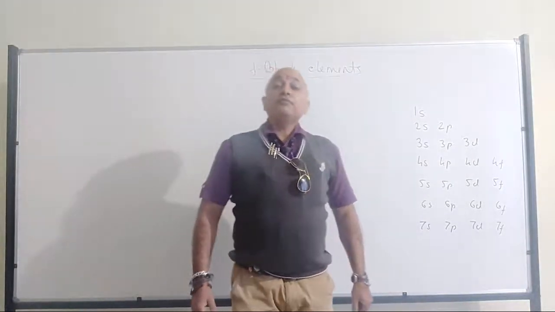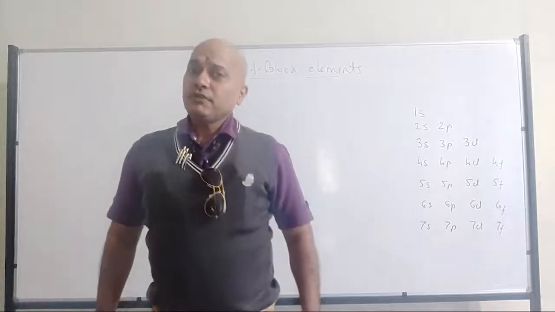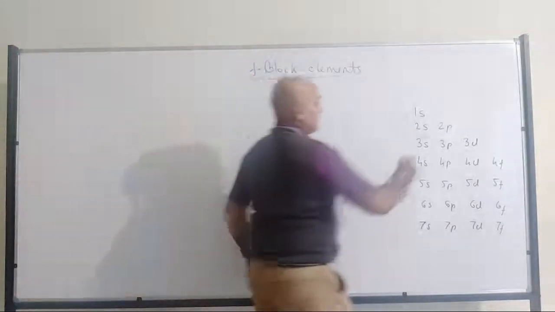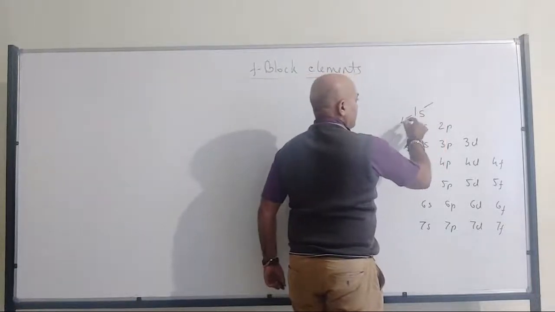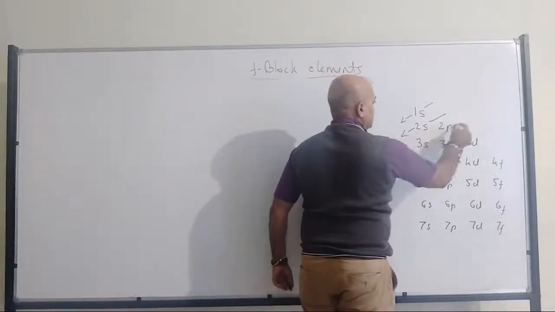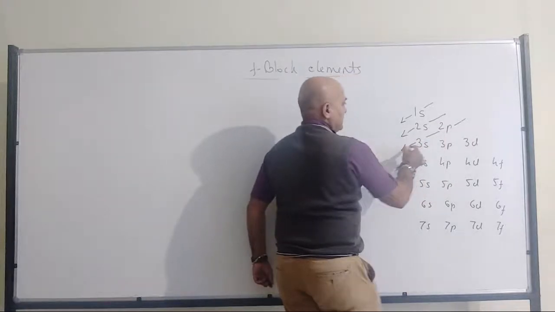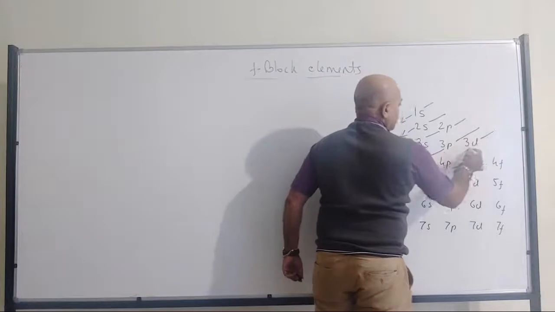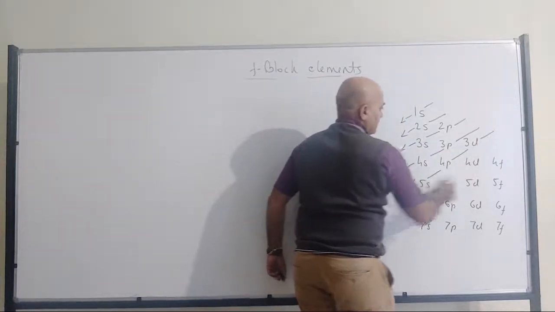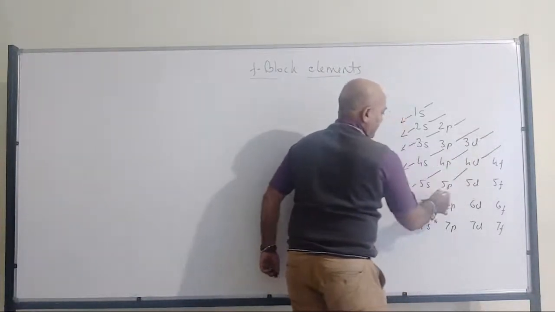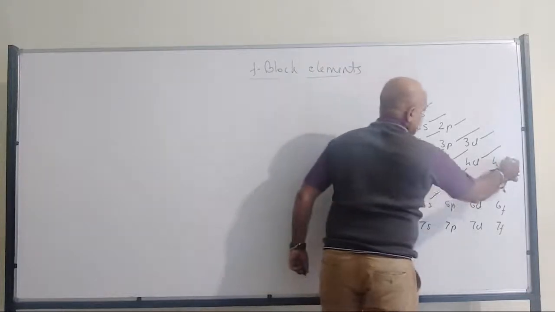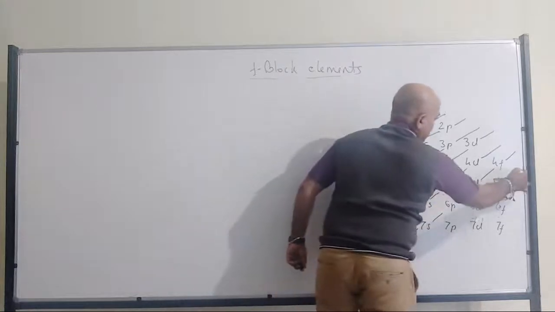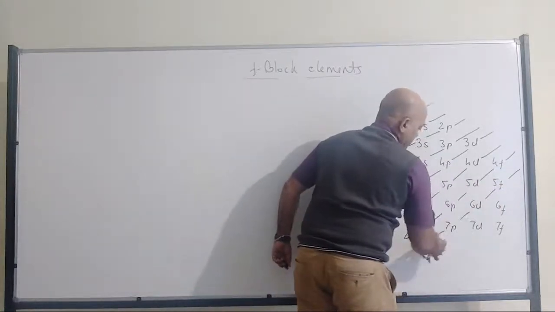Right? But whether exactly from period 4 we are going to have the F block, that's what we have to see. When I am filling up the electrons, 1s will get filled up, then comes 2s, then 2p, 3s, then 3p, 4s, then 3d, 4p, 5s, then 4d, 5p, 6s, then comes the 4f, then comes the 5f, right?